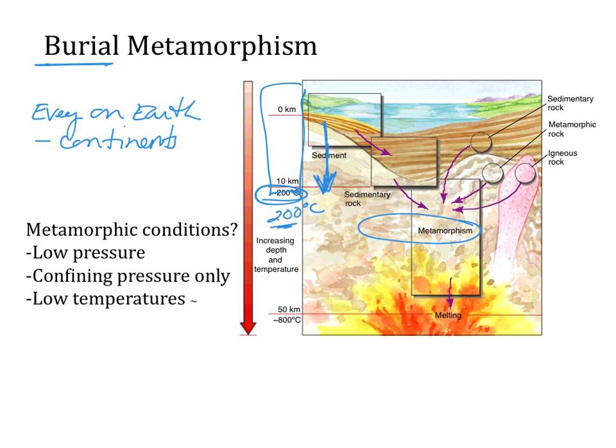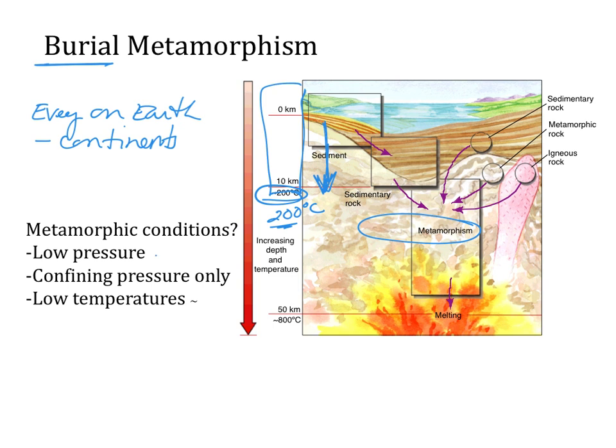And remember, that was the lowest temperature at which metamorphism happened. So once you get down to 10 kilometers and 200 degrees C, metamorphism happens. So if you walk around on any continent on the planet, 10 kilometers under you, the rock has all become metamorphosed simply through this burial metamorphism.